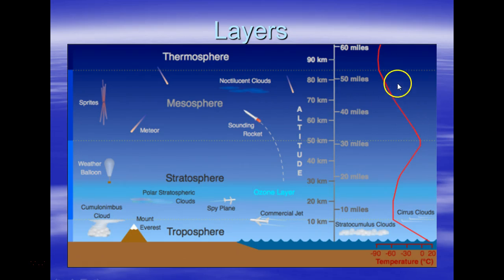So as we get away from that ozone layer, temperature is decreasing, or as altitude goes up, temperature goes down. The lower mesosphere is warmed up by the stratosphere. So the top of the mesosphere will be the coldest part of the atmosphere.